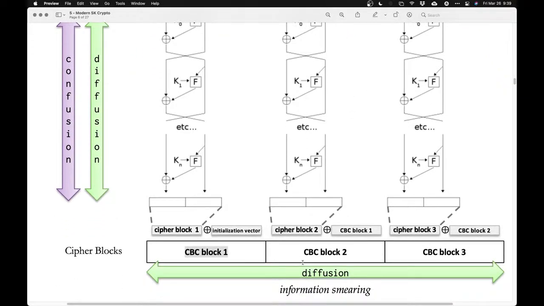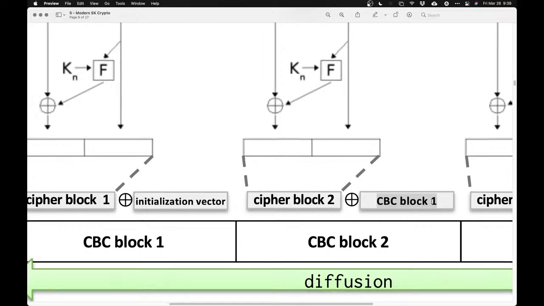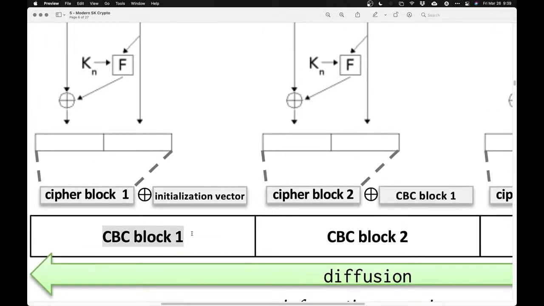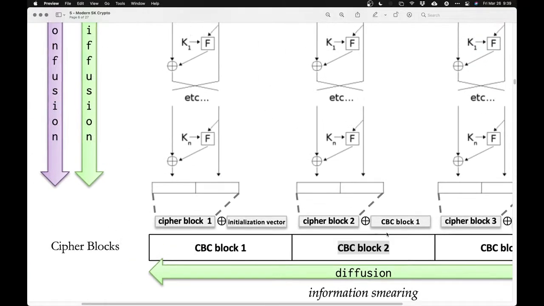Now, what do we do for plain block 2? We encrypt it all the way down to cipher block 2, but now take a look at what we're doing. We're now exclusive ORing this with CBC block 1, with this block that we created before. All right? The result is what we call CBC block 2. So what does CBC block 2 have?